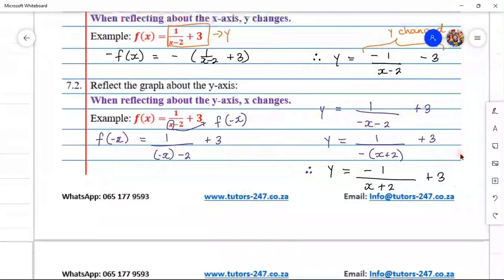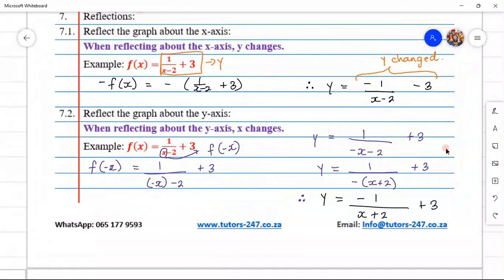So a quick recap is when we are dealing with reflecting about the x-axis, we change y by multiplying the entire function by a negative. That will change y. If we want to change x, we substitute in brackets negative x in place of our x.